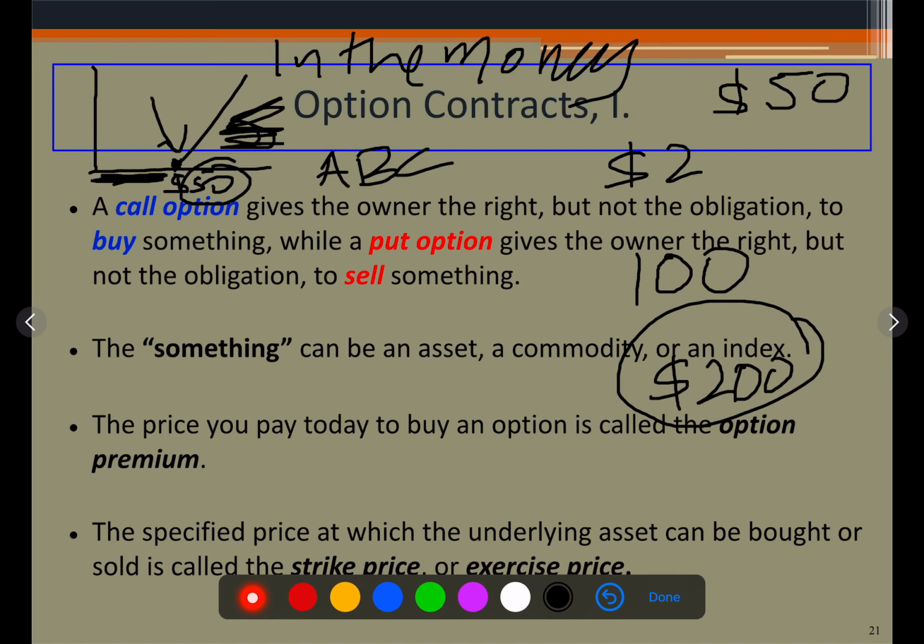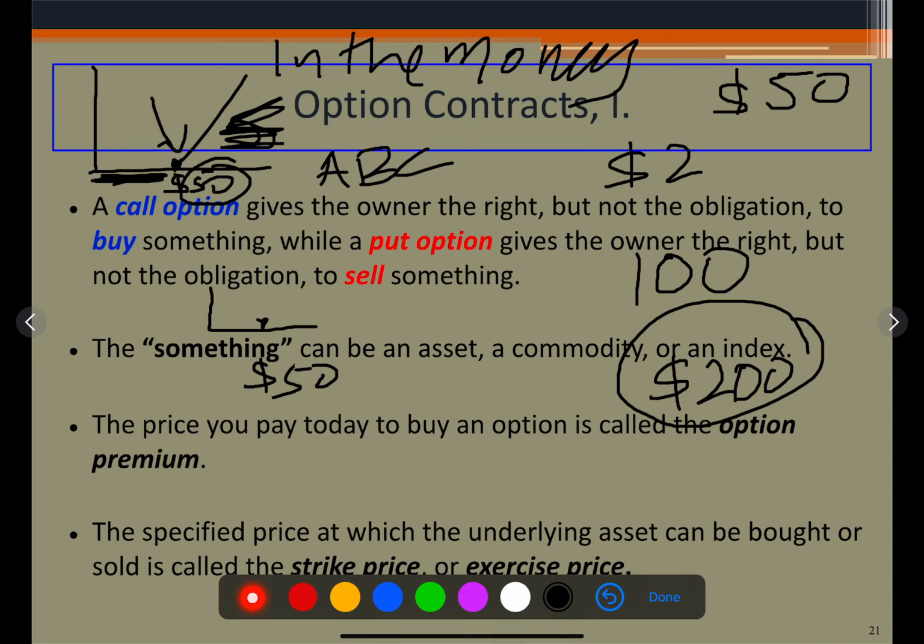Say it's again the same $50. So somewhere over here is $50 on the x-axis, and on the left side you have less than $50, and on the right side you have more than $50.